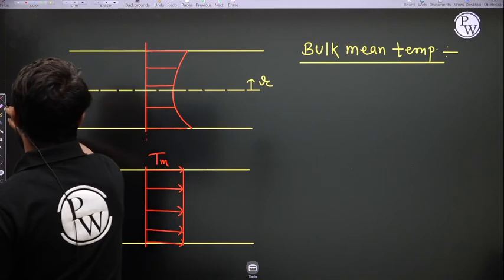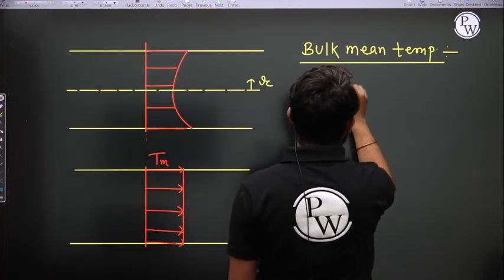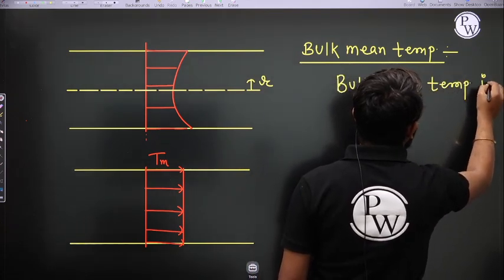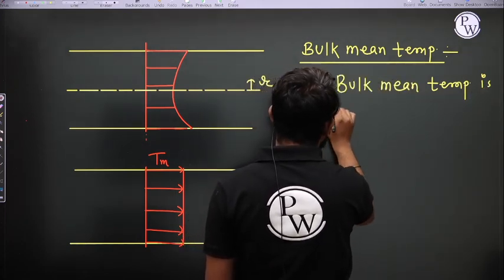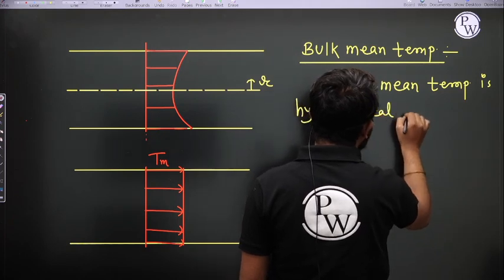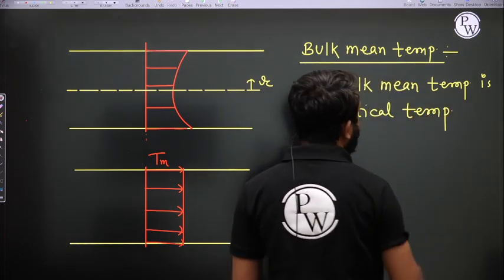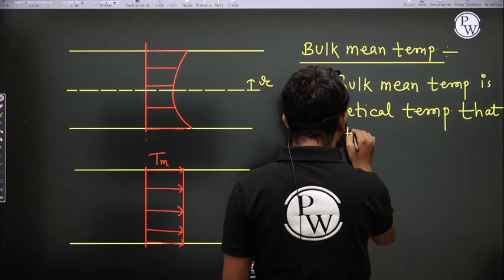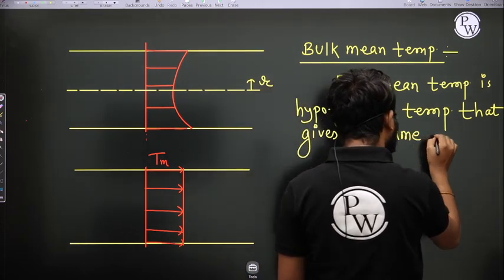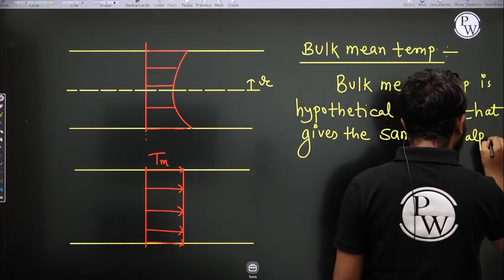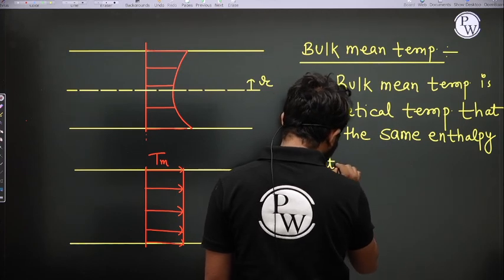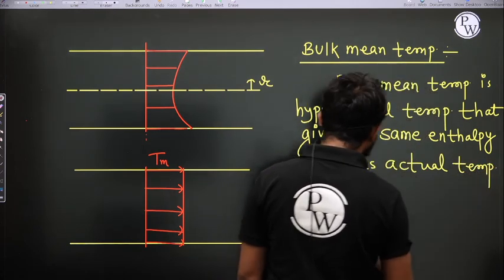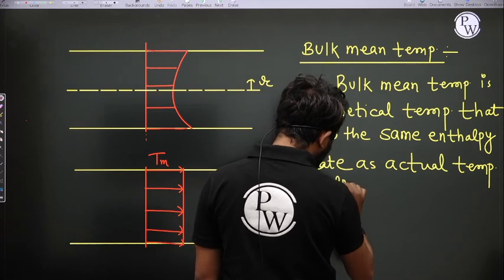Bulk mean temperature is a hypothetical temperature that gives the same enthalpy rate as the actual temperature profile gives.